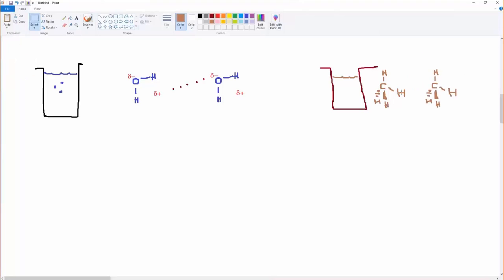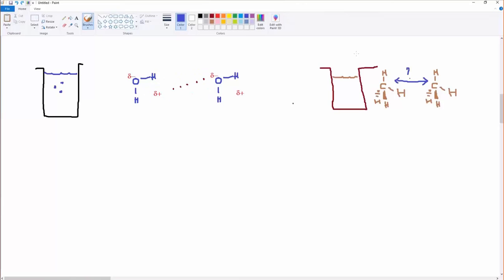Are they going to be as attracted to each other as these guys? Yeah, as Erica says, they won't really be attracted to one another. There are no partial positives to be attracted to partial negatives. There's no positives or negatives there at all. There's no reason for these two to want to interact with each other, as opposed to this, where you can clearly see that positive is going to attract that negative.